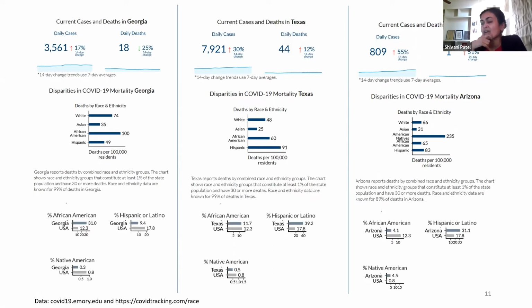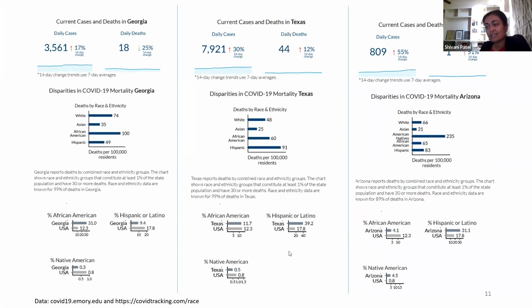So taking all of that into account, I think we can begin to interpret some of the differences here. So for Texas, there is a higher rate of death in African Americans compared to whites, but it's not the same level of excess death as we saw in Georgia. But we see a huge excess death rate in Hispanics as compared to whites in Texas.